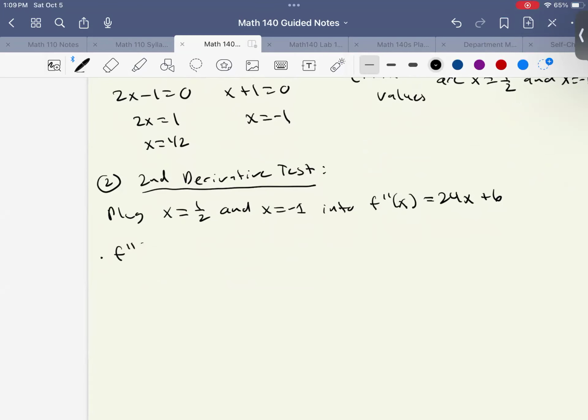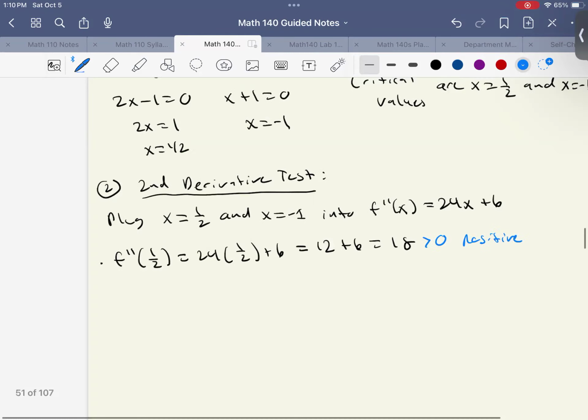So f double prime of 1/2 is 24 times 1/2 plus 6, which equals 12 plus 6, which is 18, which is greater than 0, meaning positive.